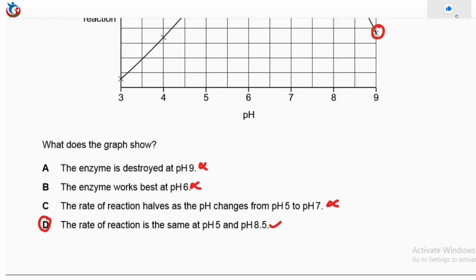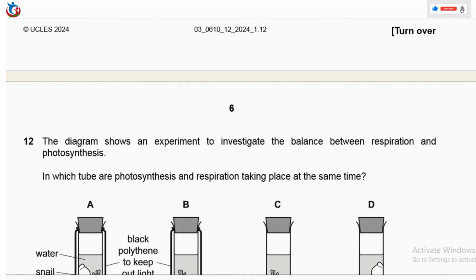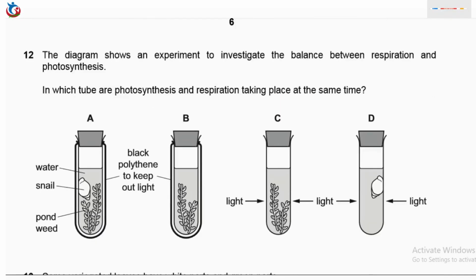So this one will now take us to our next question, which is question 12. It says, the diagram shows an experiment to investigate the balance between respiration and photosynthesis. In which tube are photosynthesis and respiration taking place at the same time?